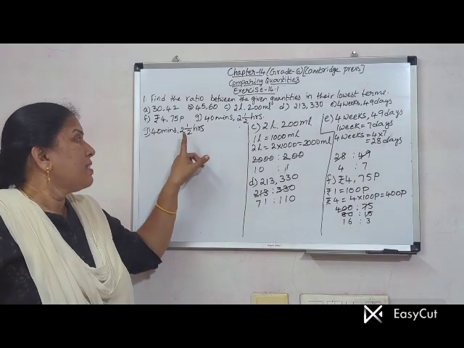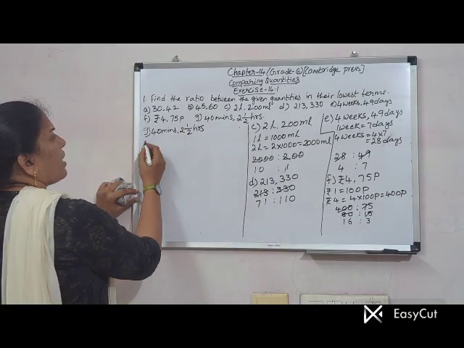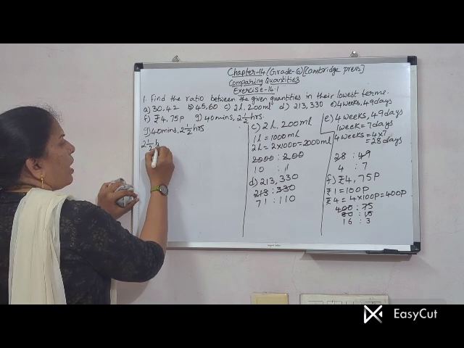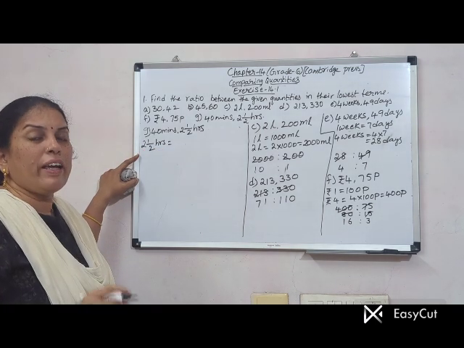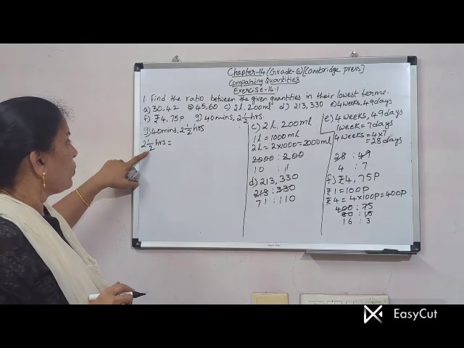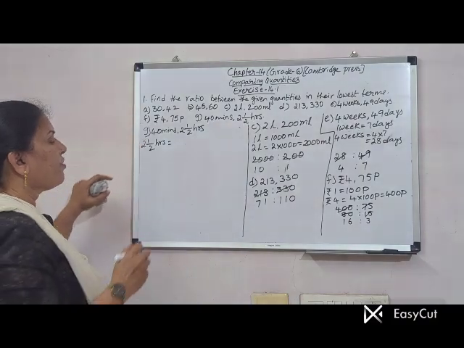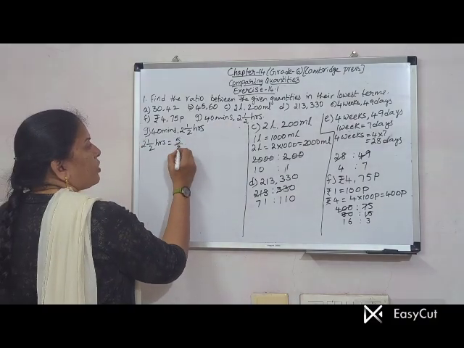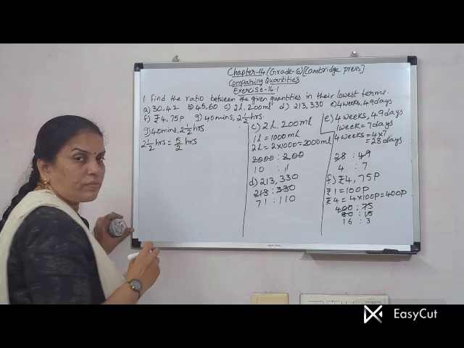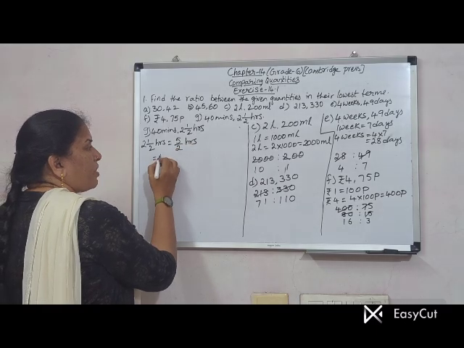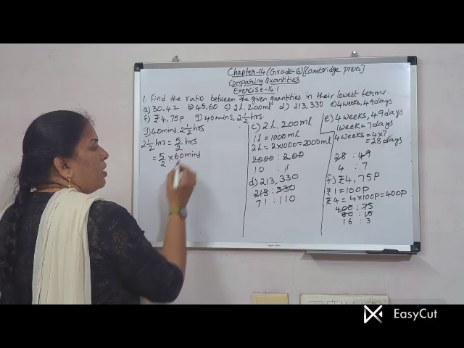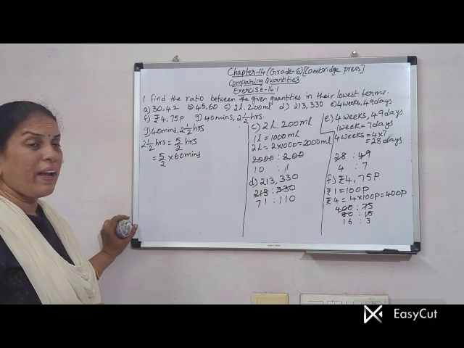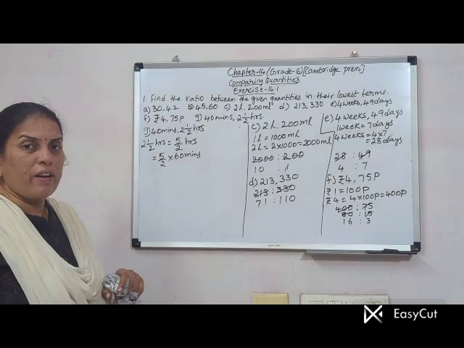Before doing that, see here children, 2.5 hours means, convert this mixed fraction into an improper fraction. 2 2s are 4, 4 plus 1, 5. 5 by 2 hours. Now you can convert 5 by 2 into 60 minutes. Why? Because 1 hour is equal to 60 minutes.